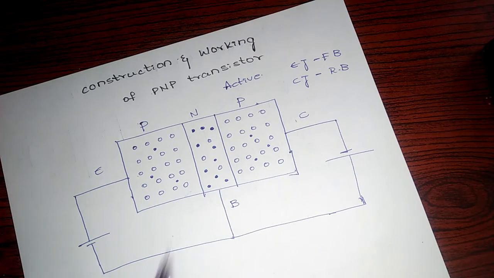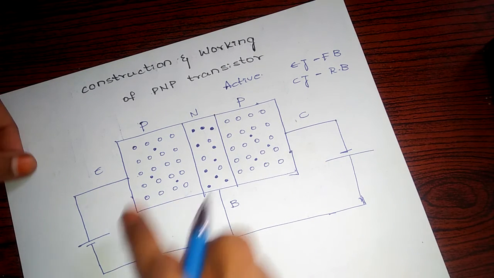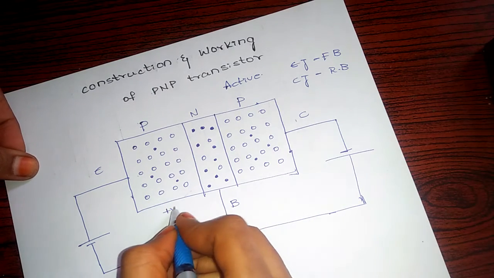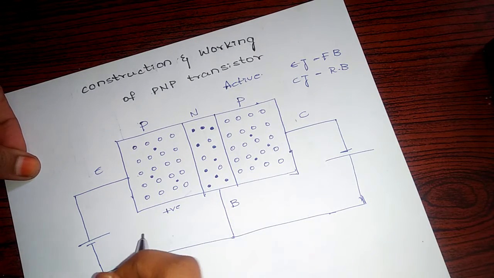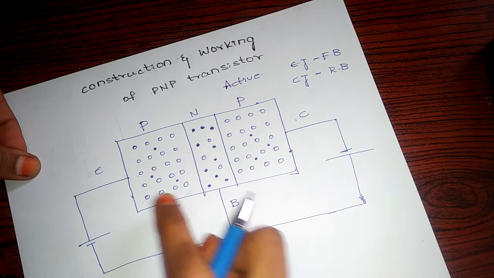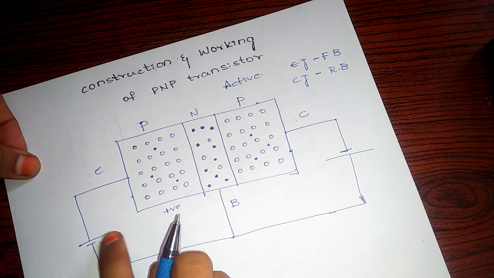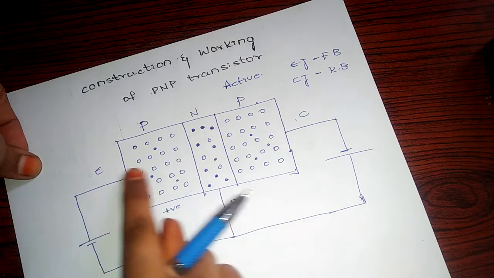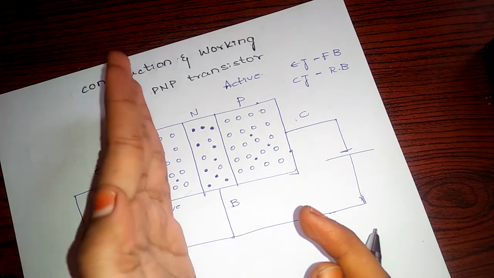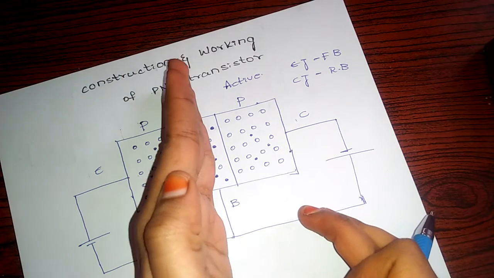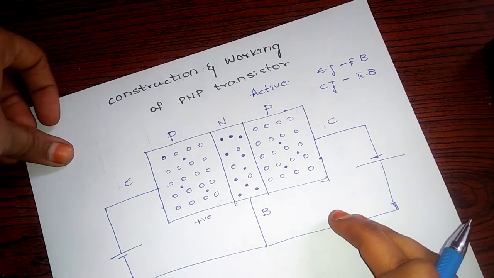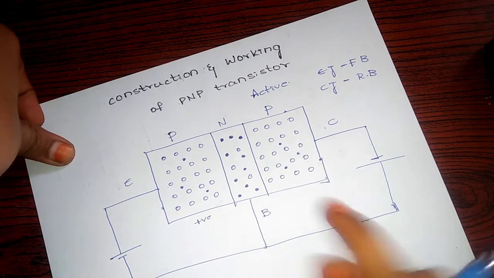As we are giving forward biasing to it, all the positive charge carriers here, meaning holes, are positive charge carriers. Positive charge carriers always repel from the positive terminal of the battery. As they are repelling, these holes will move forward to the base and then to the collector. So how is the current flowing?